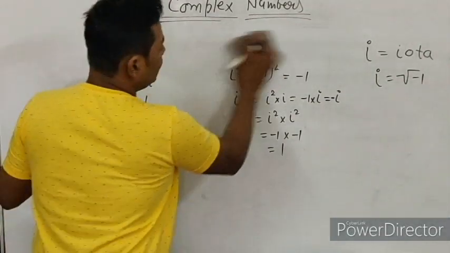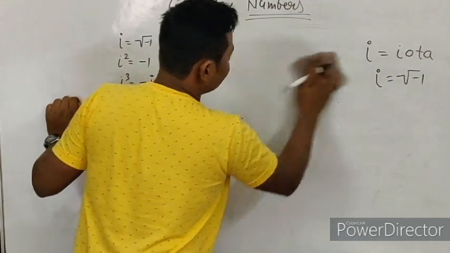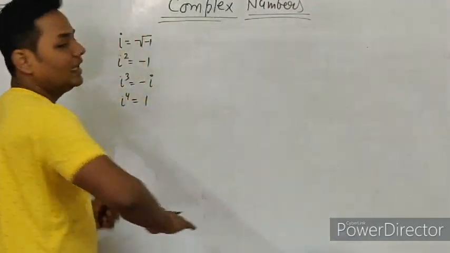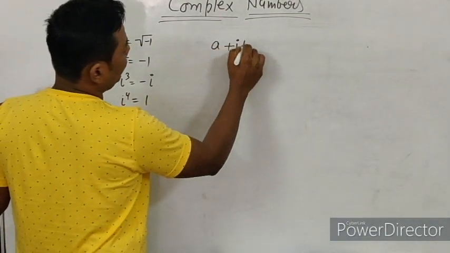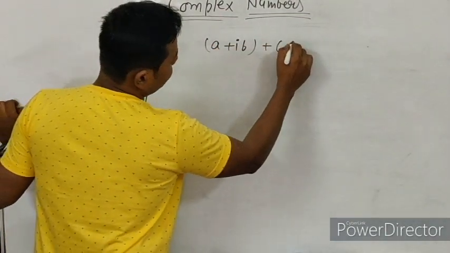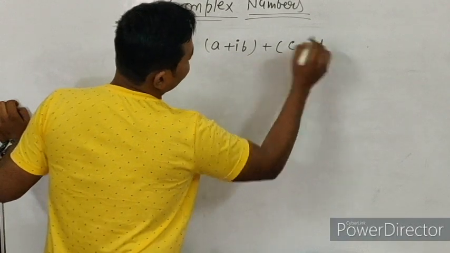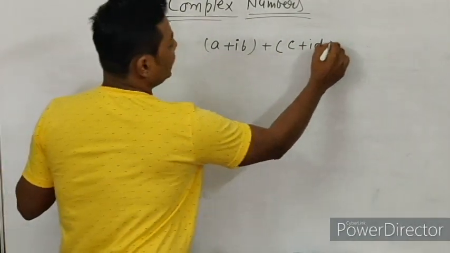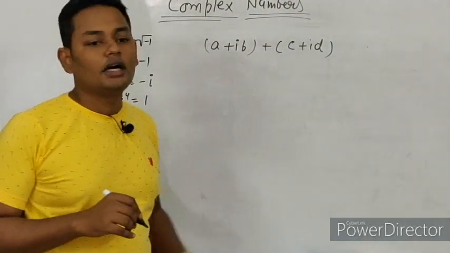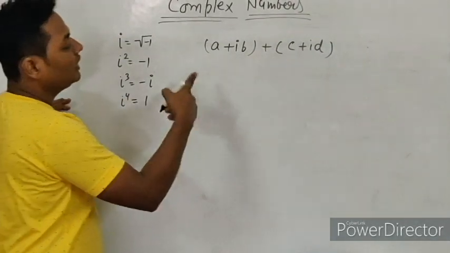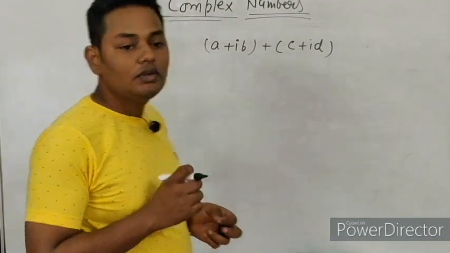Okay. Now let's come to addition, subtraction, and multiplication of complex numbers. I'm taking a plus ib plus c plus id. Okay, this is a common example. A plus iota b plus c plus iota d. When you add them, what rule will we follow?